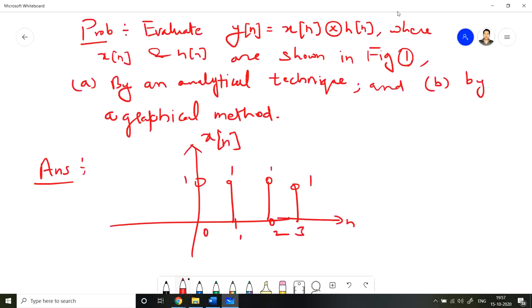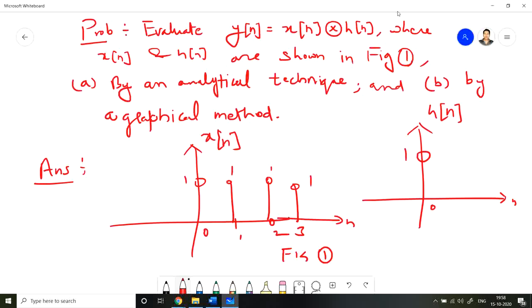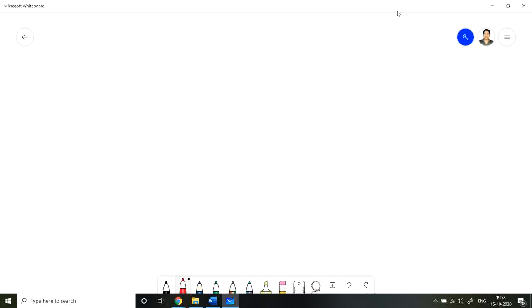So this is our x[n]. So this is figure 1. And h[n] is given: for n equal to 0, the value is 1. For n equal to 1, the value is 1. For n equal to 2, the value is 1. So this is our x[n] and this is our h[n], given in figure 1. Now let us solve this problem.